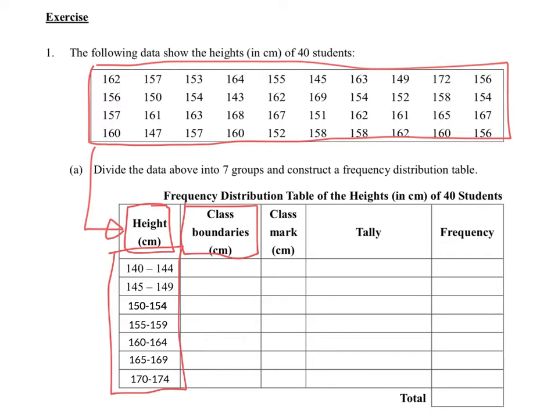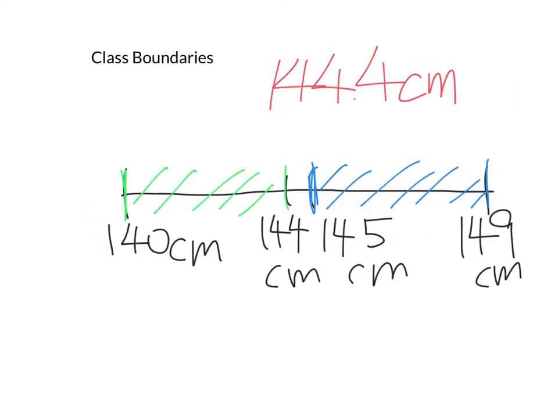So if a data is given, 144.4, that has some decimal places, which group should it belong to? It should be 140 to 144 or 145 to 149. Actually, if the grouping is like this, 144.4 does not belong to either of these groups. So how can we solve this problem?